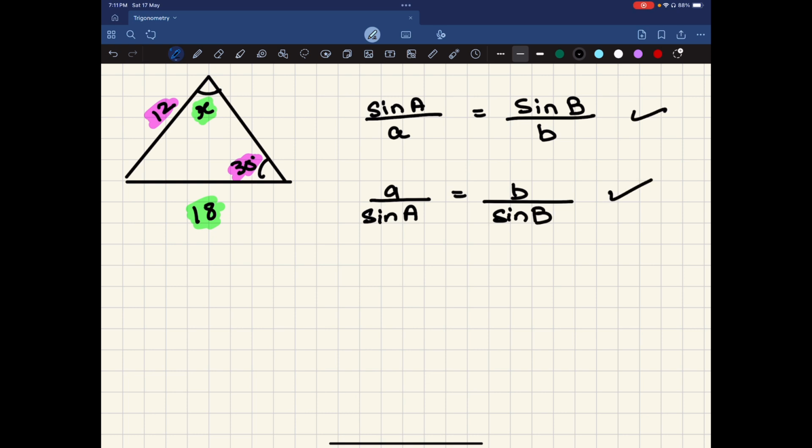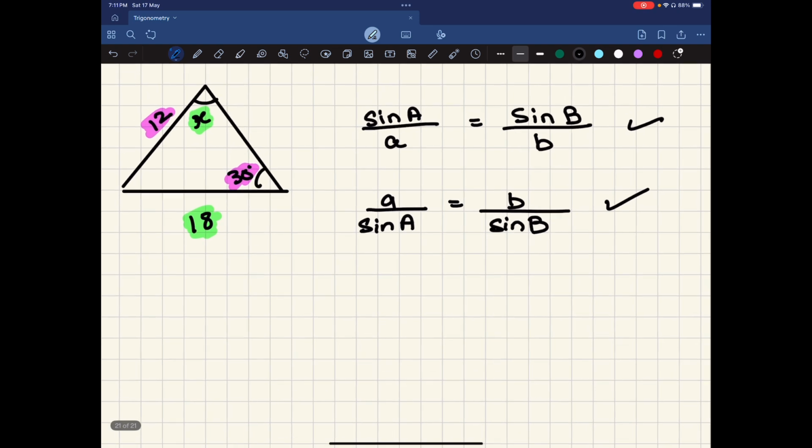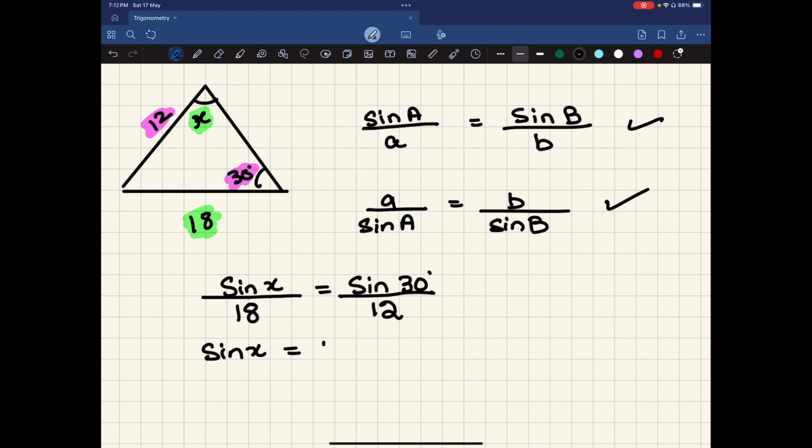Okay, so sine of angle A, capital A is angle X. So sine of X divided by, what is the value of lowercase a? 18 is equals to sine of 30 divided by 12. Okay, so we're going to take 18 to the other side and we get sine X is equals to 18 into sine of 30 degrees divided by 12. Use a calculator to find the value of this expression. Let's see what we get.